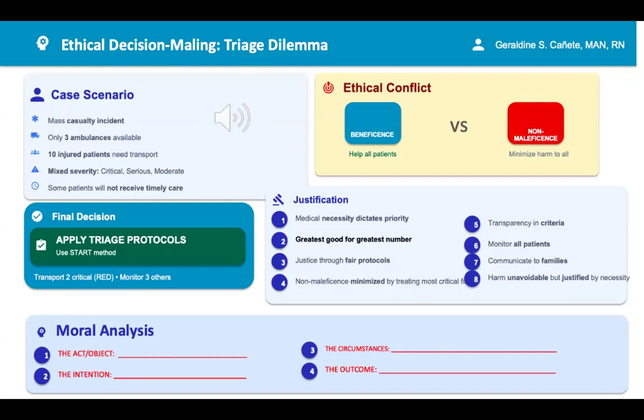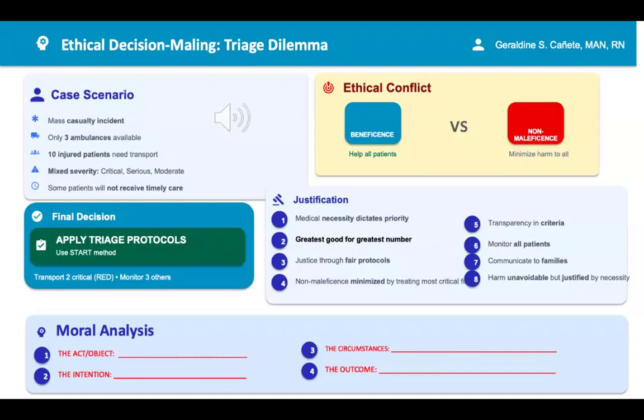So imagine this, a major earthquake has struck, and you are one of the first nurses to arrive on the scene. There are 10 injured patients, all with varying degrees of severity. Some are critically injured and need immediate medical attention, while others have serious or moderate injuries.